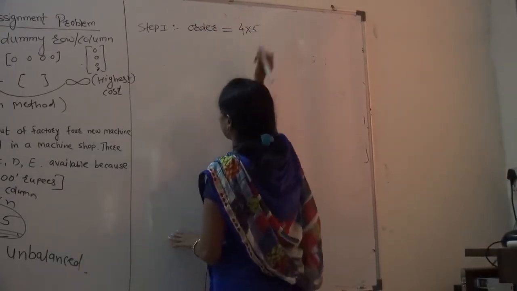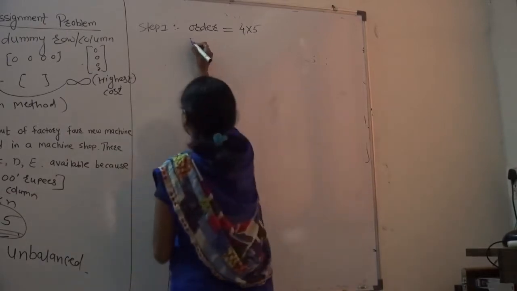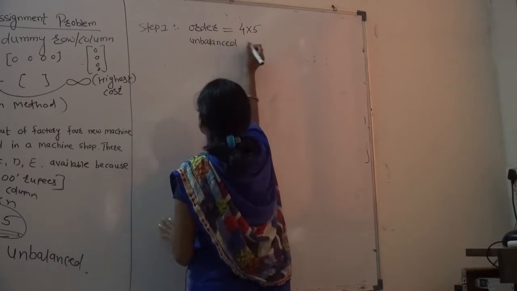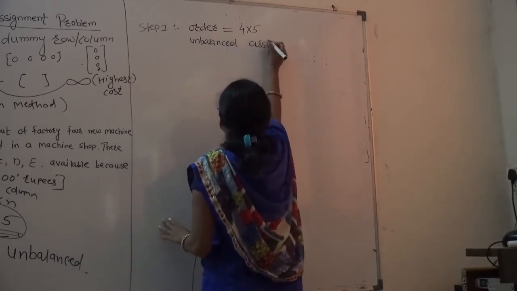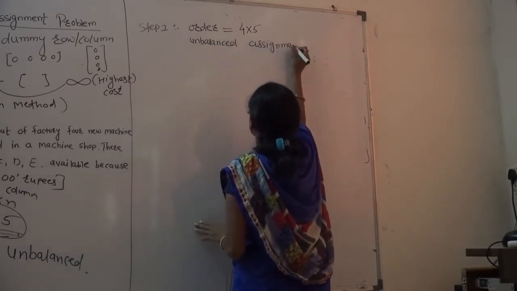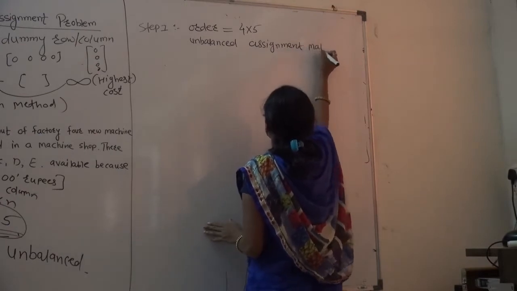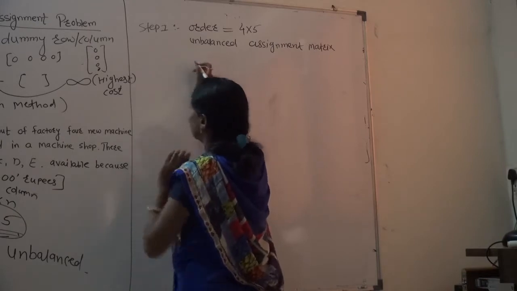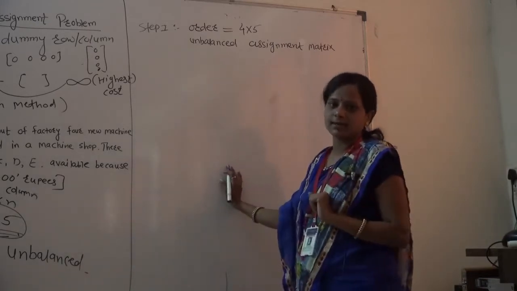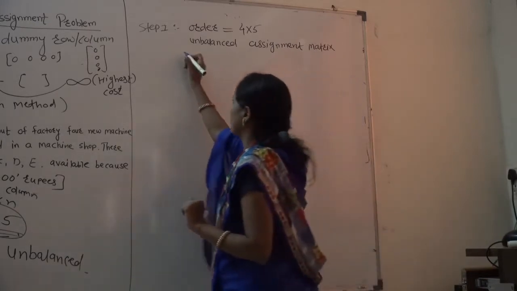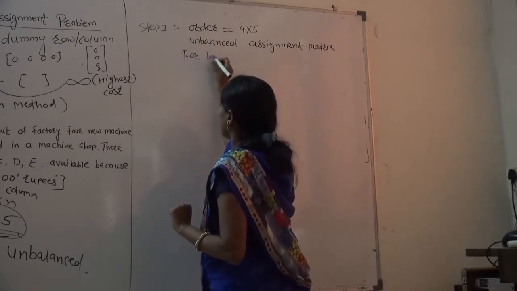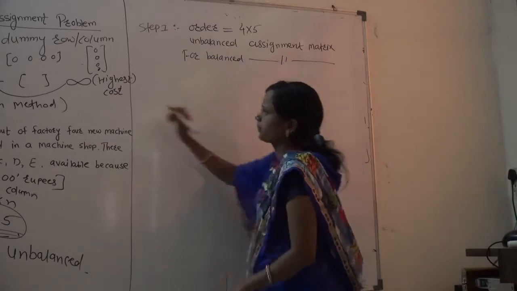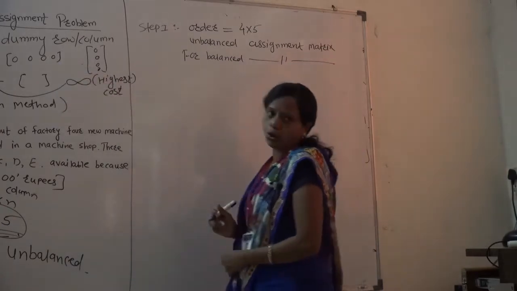So what is the order? 4 by 5. We write here that this is an unbalanced assignment matrix. So students, we know that in an assignment problem we always have to take a balanced assignment problem. So for a balanced assignment problem we have to take a dummy row or dummy column.